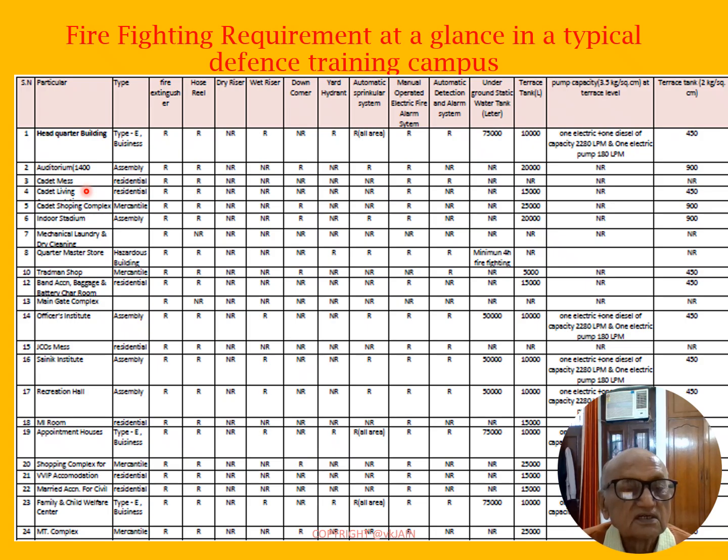This is a military campus. So several buildings are here, and the facilities which are required to be provided when required are denoted by R. When not provided, it is denoted by NR. This is as per National Building Code.